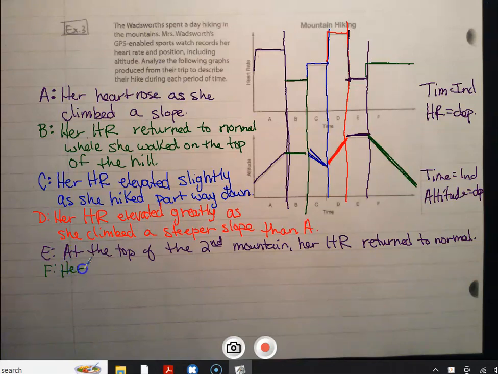So her heart rate elevated or rose again, we could say. Not nearly as high as it had been. So again, we could say rose slightly. Her heart rate rose slightly as she climbed or hiked, whatever you want to use, down the mountain.